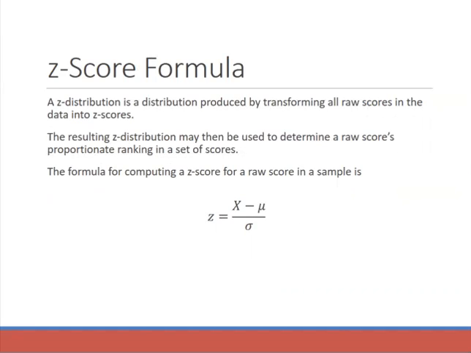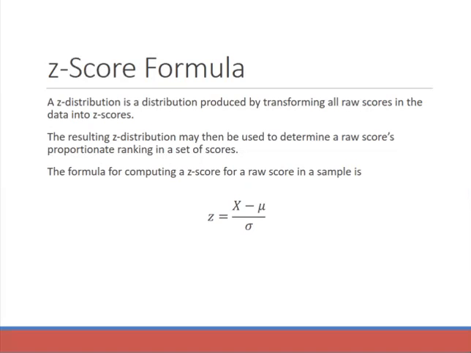Okay, so a z-distribution is a distribution produced by transforming all the raw scores into z-scores. So you can transform every single raw score into a z-score, and when you plot them, you get a z-distribution. And a z-distribution may be used to determine a raw score's proportionate rank in a set of scores.